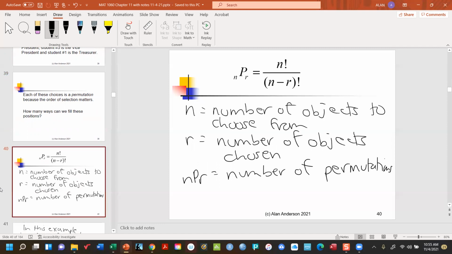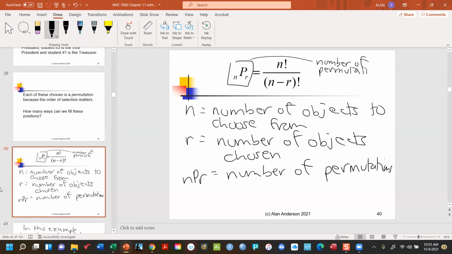The symbols you're seeing up here are shorthand for the number of permutations that can be created by choosing R objects from N.